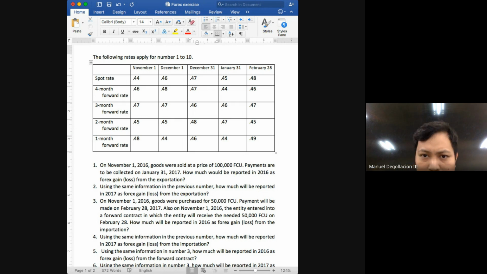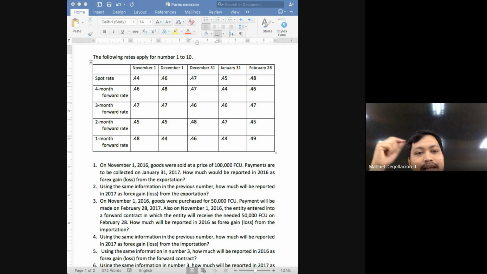So in our table, class, using the spot rates given in the problem, if you convert one foreign currency on November 1, how much will you get? By using the spot rate on November 1, you would only be getting 44 centavos. If you are exchanging one foreign currency on January 31, how much will you be getting in return?